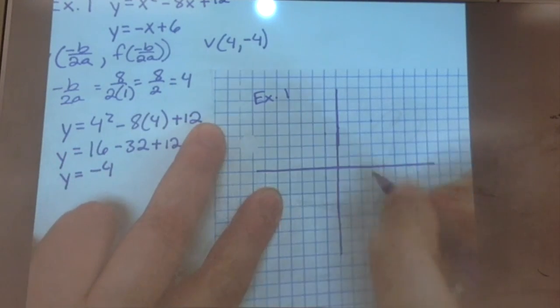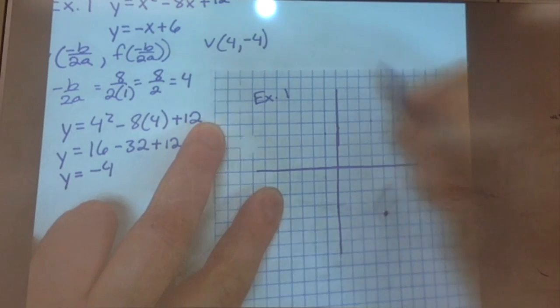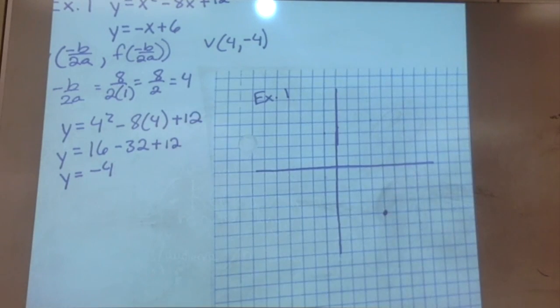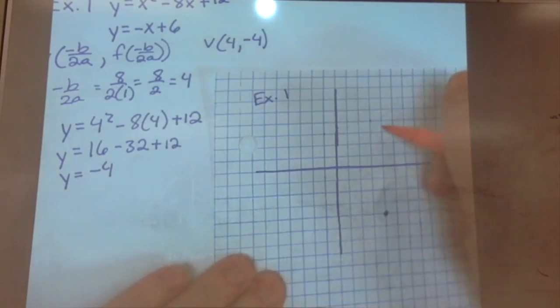Okay, so my vertex is at (4, negative 4). My axis of symmetry is going straight through that point. I'll put it in orange just so we can use it for reference.